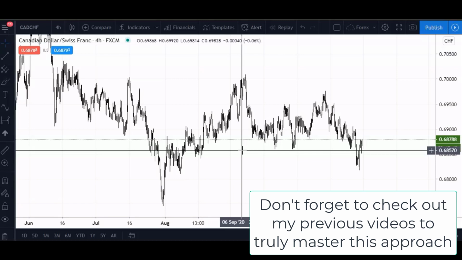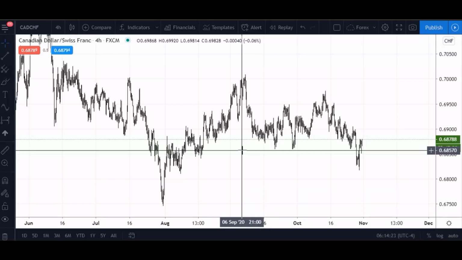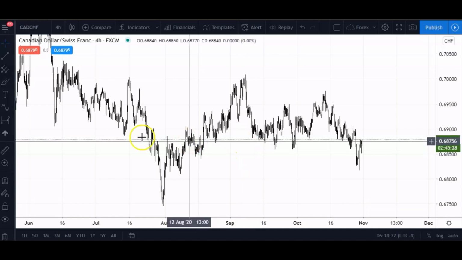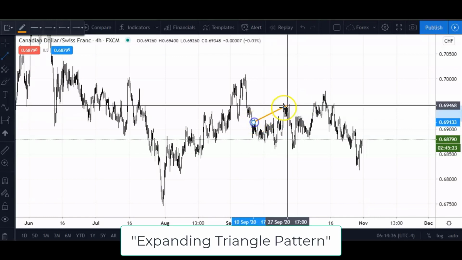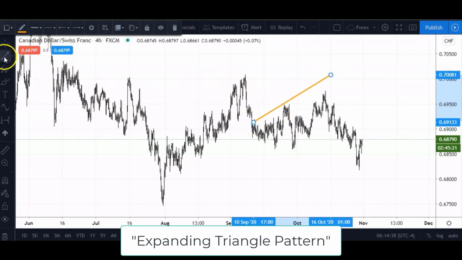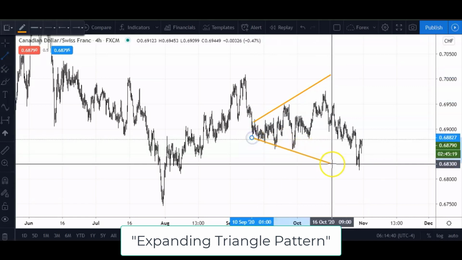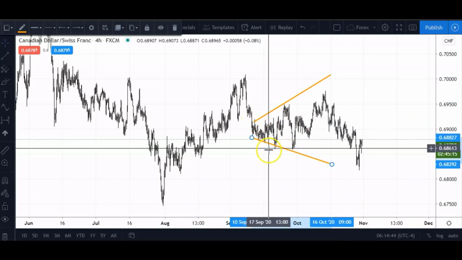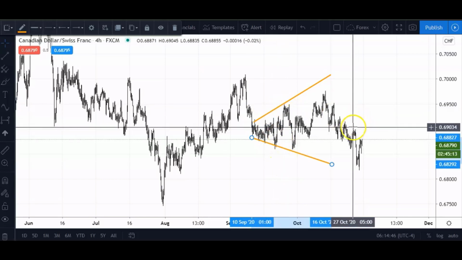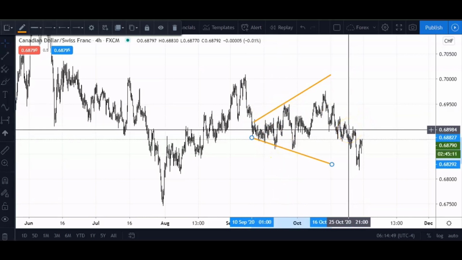As you all know, I try to find the end of corrections, and when I believe a correction ends, I would like to trade in the direction of the major trend. As you all should know, expanding triangles, as the name suggests, refer to a pattern or a correction that starts at an origin point and then fluctuates above and below a center pivot, if you want to call that.